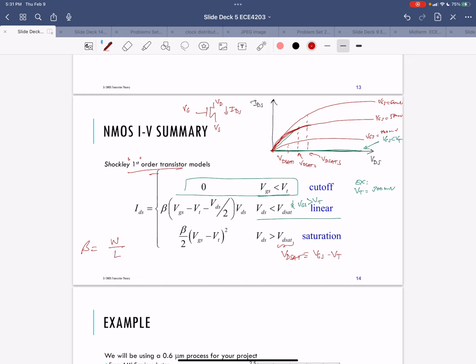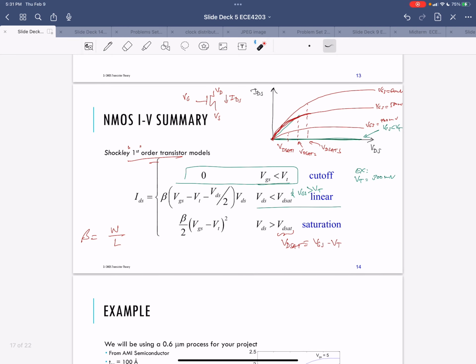For digital designs, 99.99% of the time, you use the minimum length available to you in the process for the length of the transistor. And basically you're adjusting the width of the transistor to get higher and lower beta values, or essentially higher and lower currents. The other two parameters in this are the mobility of the electron and the oxide capacitance density, or capacitance per unit area.